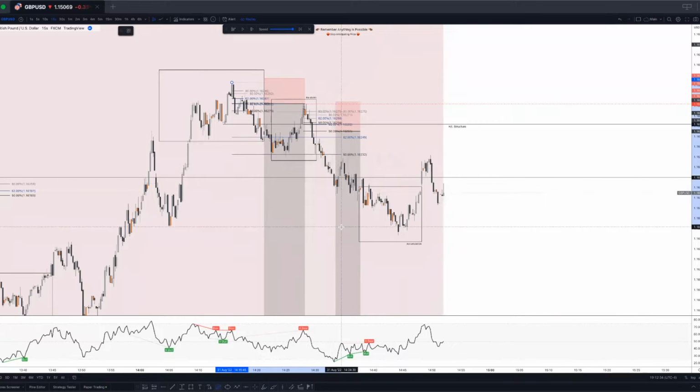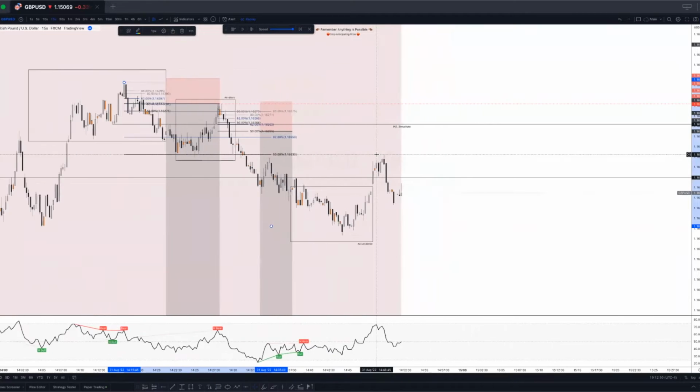And if I do, where are we? So I measure the entire range, and all right, I like 50. So we're at the 50% of the entire range now, after we broke the entire range here.